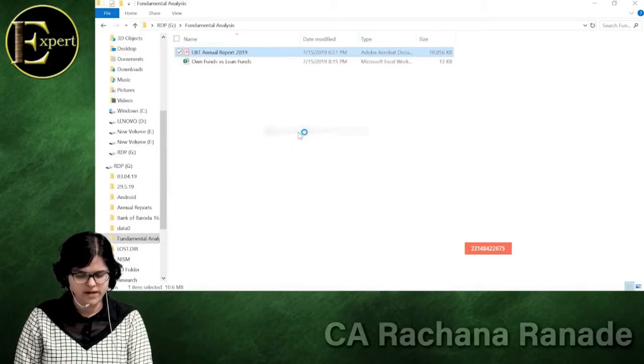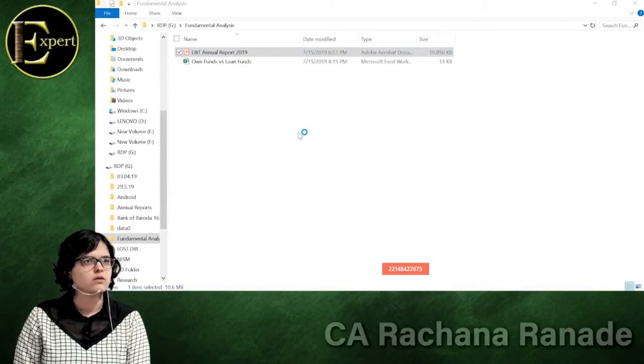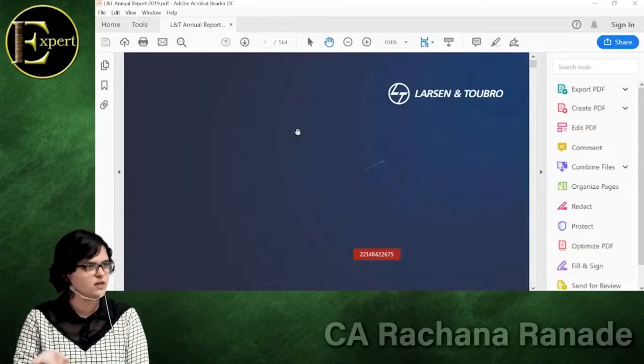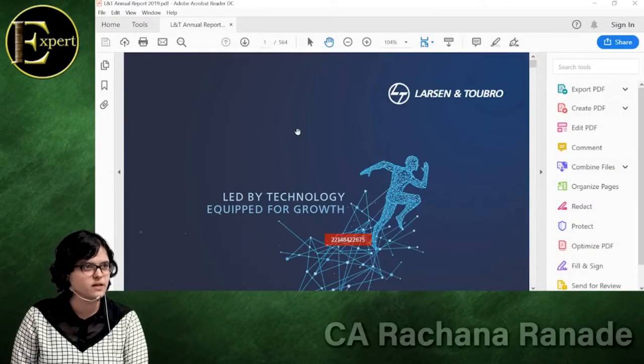So how do we get market price per share? Current market price, which is there on Money Control or any website like that.